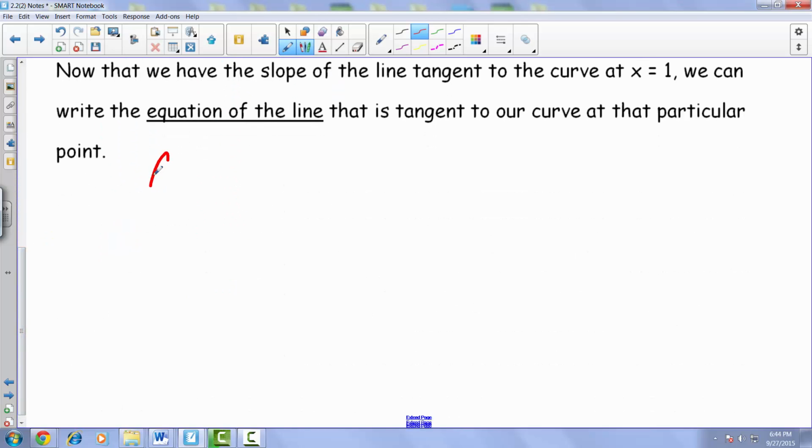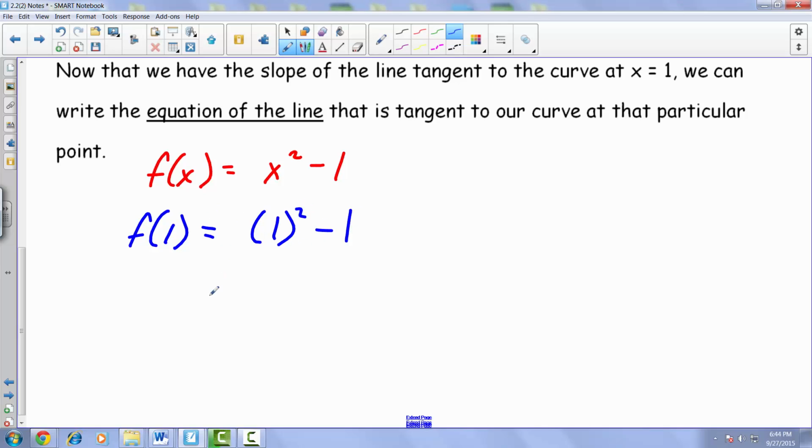So f of x, if you recall, was x squared minus 1. All we need to do is throw in 1 into the function to see what that corresponding y value is. So we end up with 1 squared minus 1. 1 squared is just 1, minus 1, so it comes out to be 0. So in other words, at 1, we ended up with the y value 0.